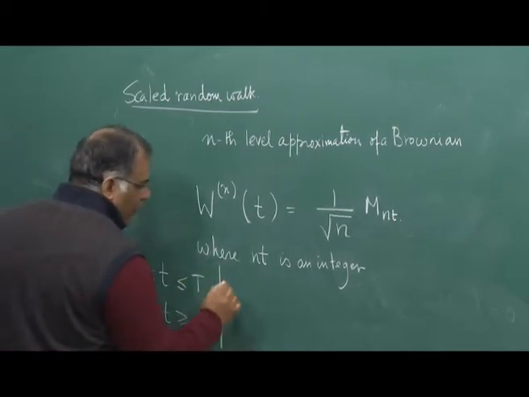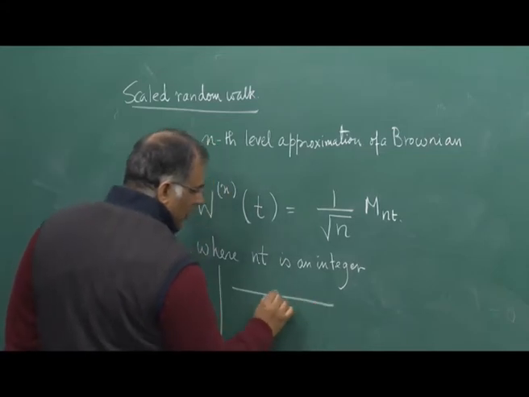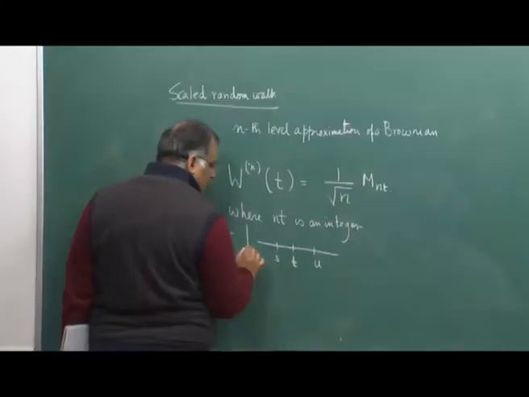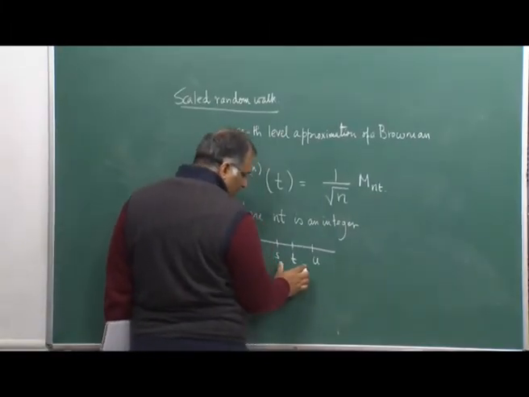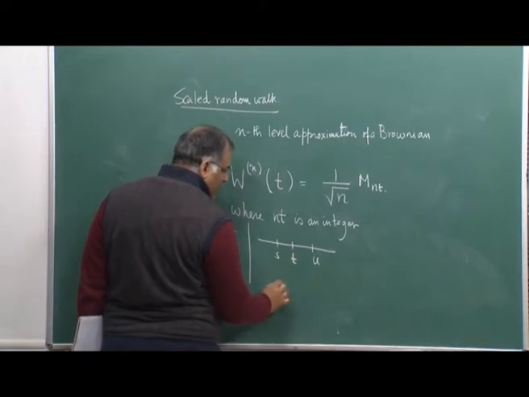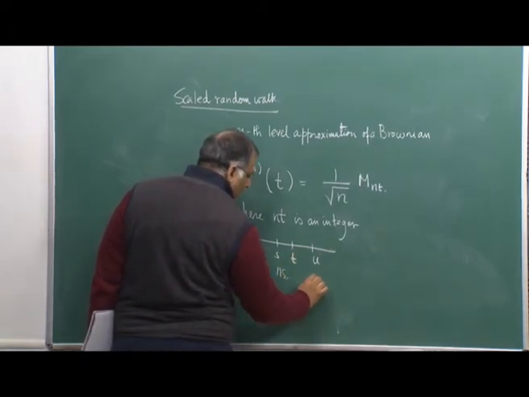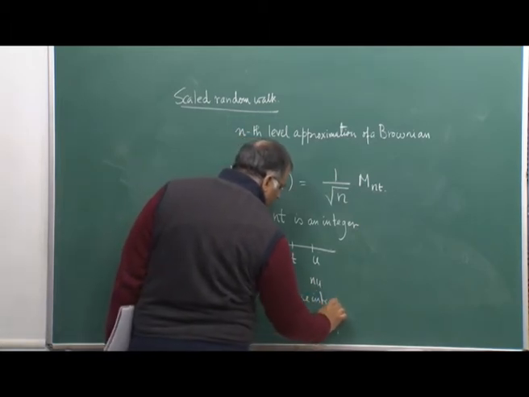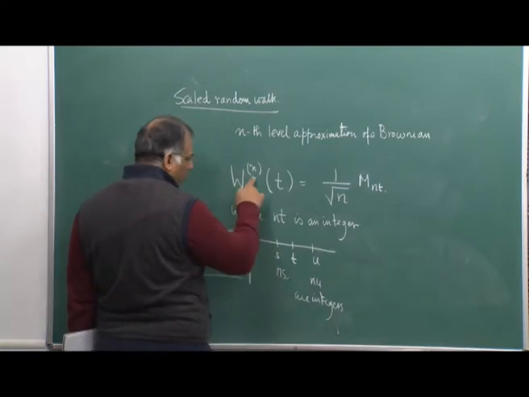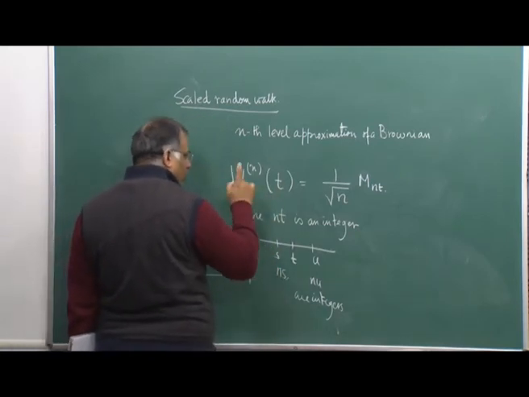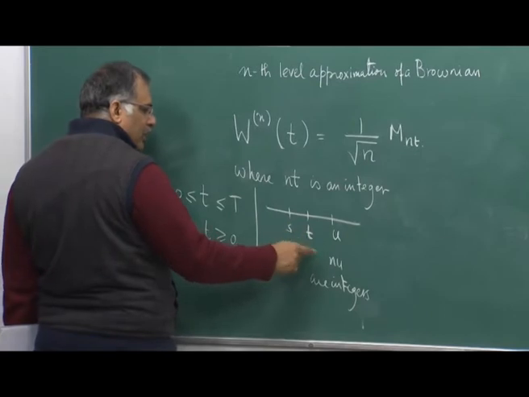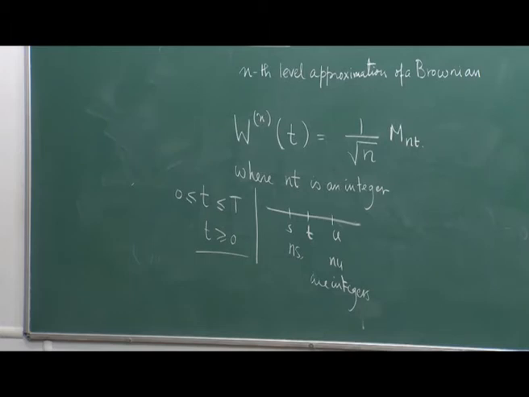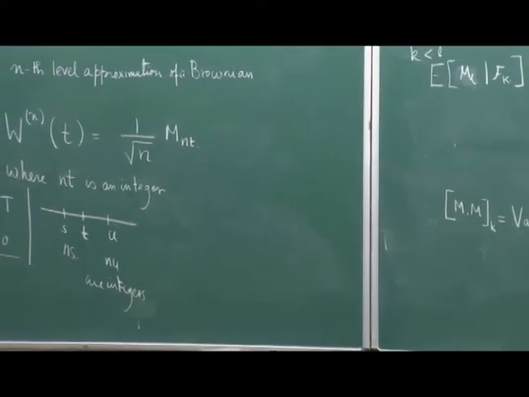If nt is not an integer, take some u and some s nearest to t such that ns and nu are integers, compute the values W(u) and W(s), and then make a linear interpolation to approximate the value of W at t. That is how you can generate it on a machine by taking a sample.